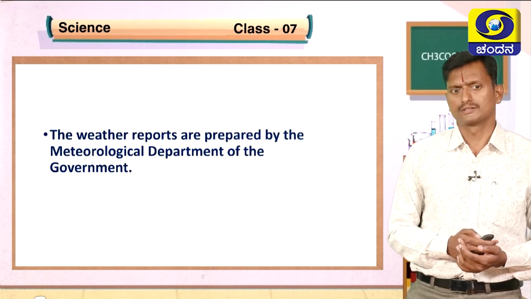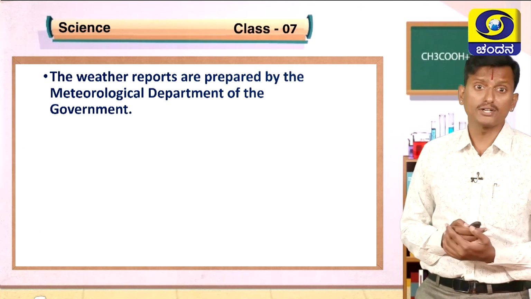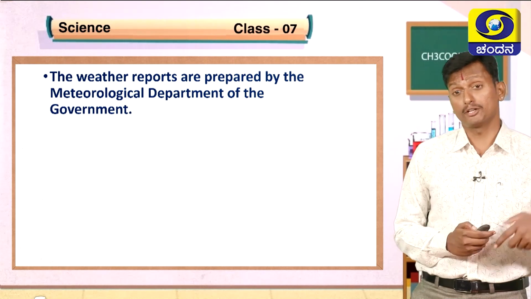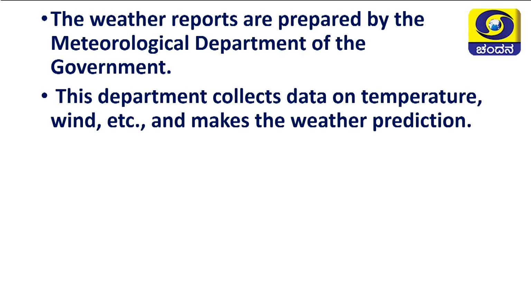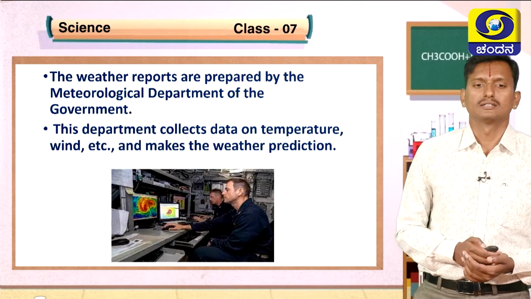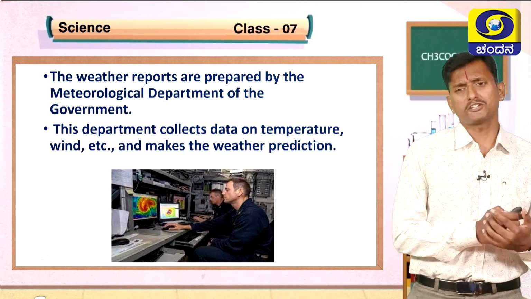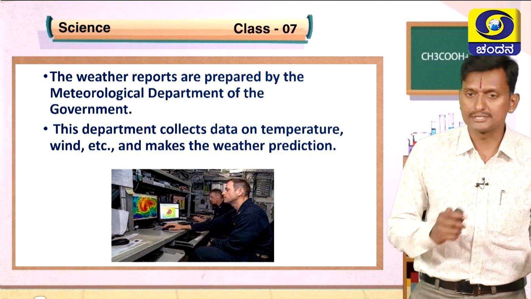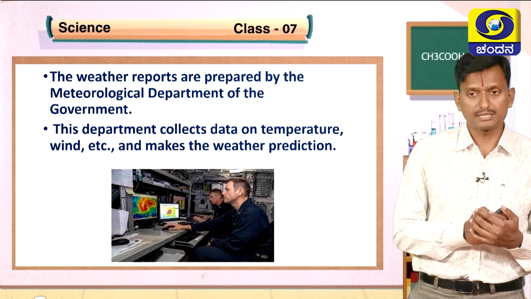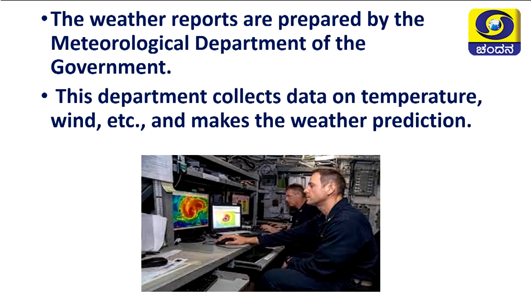Isn't it? The weather reports are prepared by the meteorological department of the government. This department collects data on temperature, wind, etc., and makes the weather prediction. What is the use of this prediction? It will be helpful for many people. People who are going to do agriculture, it is helpful for them.